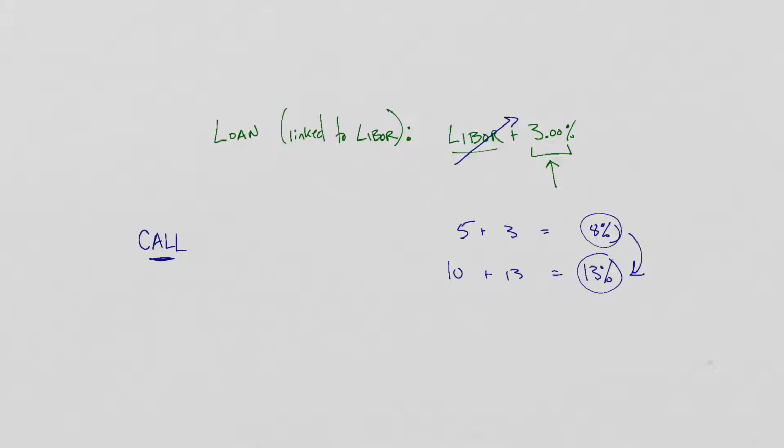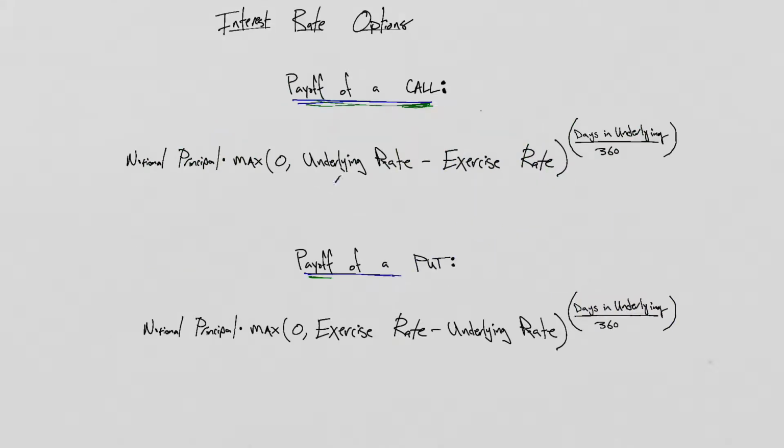This is a little bit different than an interest rate futures contract. With an interest rate call, if the underlying interest rate, LIBOR or SOFR, rises above whatever strike rate we choose, then that's when a call pays off. So a call actually pays off when interest rates rise.